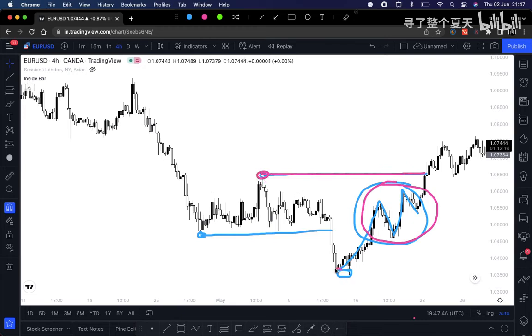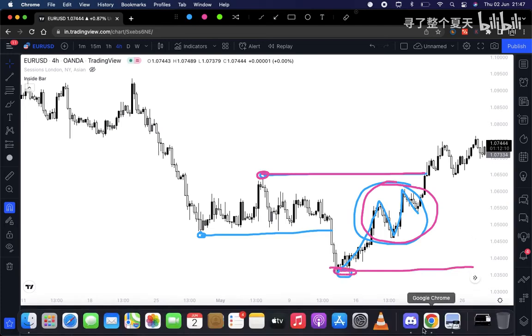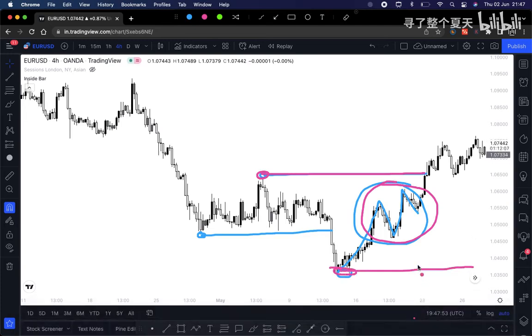Are we still trading within the last high and the last swing low that was made, the most recent ones? We're still in that trading range. Good. We have not hit either the swing high or the swing low. Good.